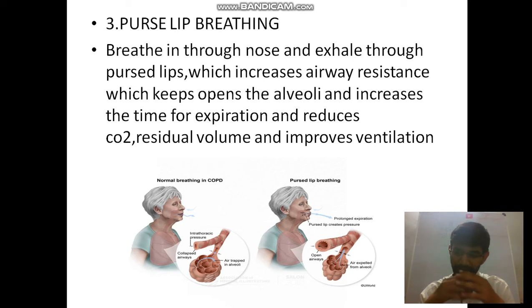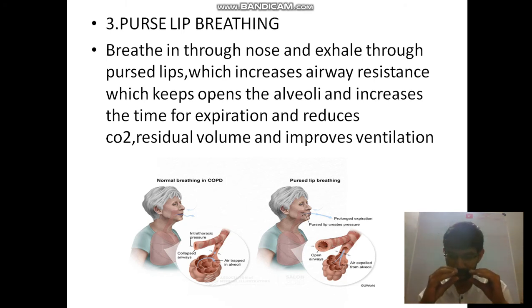In order to prevent that, we teach pursed lip breathing. What happens in pursed lip breathing? There will be increased airway resistance that will be transmitted to the distal airways, and it keeps the distal airways and the alveoli open, so that all that trapped air comes out. By that, the CO2 in the body is reduced, the expiration time is increased, and the residual volume is reduced, which helps in improved ventilation.